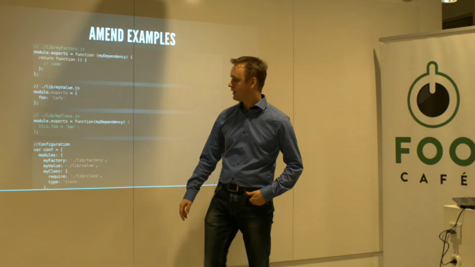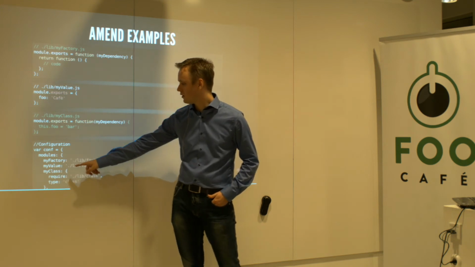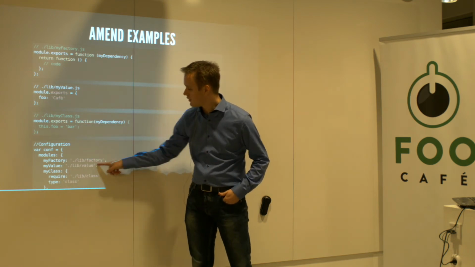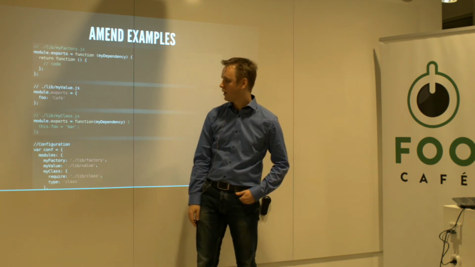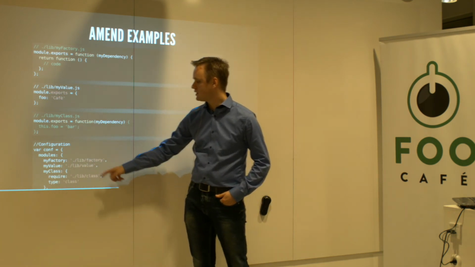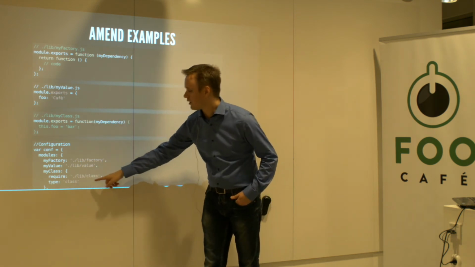And so if I wanted to use this, I create the configuration, where I name my modules. I say my factory is required on this path, which is where the file is located, and my value is located on this path, and my class is located on this path.